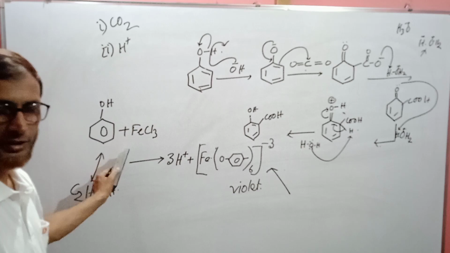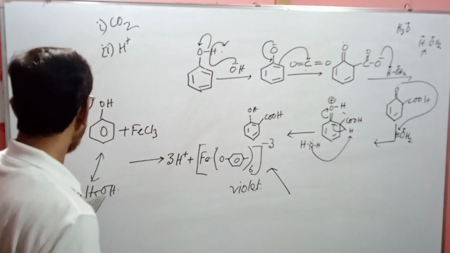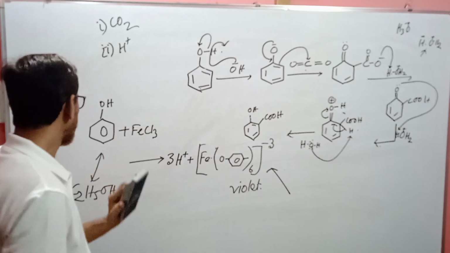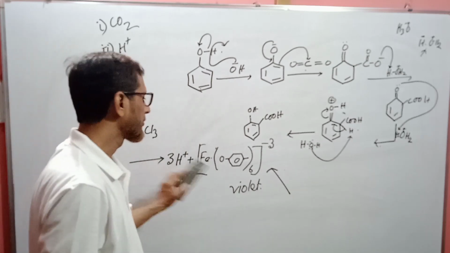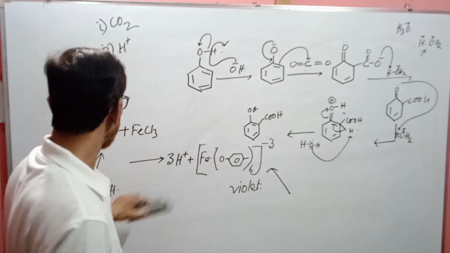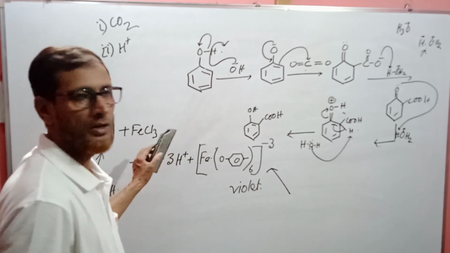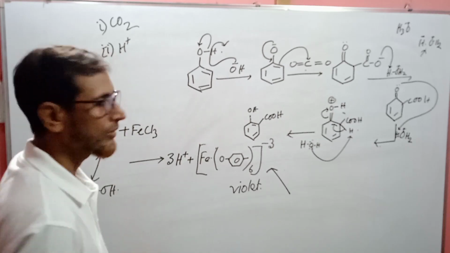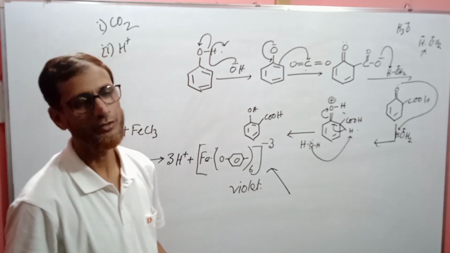Phenol, when it reacts with ferric chloride, gives a complex whose color is violet, whereas C6H5OH or alcohol doesn't react readily with FeCl3 to give any color. This is one of the important distinction tests between phenol and alcohol. This is all about the reactivity of the alcohol and phenol chapter.